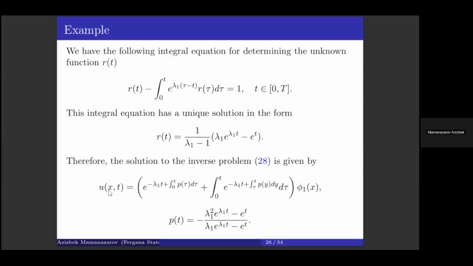Then the pair of u and p will be the unique solution of our inverse problem in example 1.